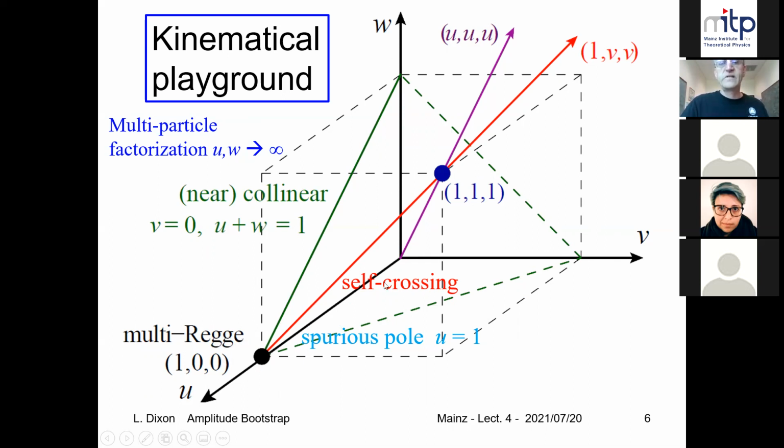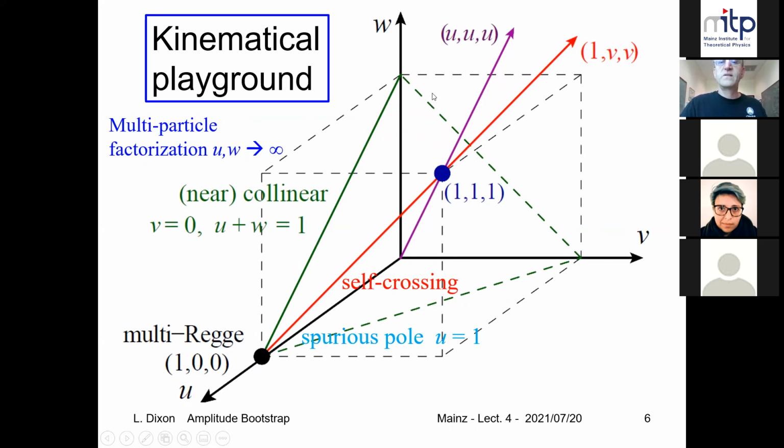There is a Euclidean sheet where U, V, and W are all positive and where the functions are all real. But that's not the sheet that's relevant for 2 goes to 4 scattering or 3 goes to 3 scattering. For 2 goes to 4 scattering, you need to take U to 0, so sort of enter this plane and do an analytic continuation, which as U wraps around 0 in the complex plane.